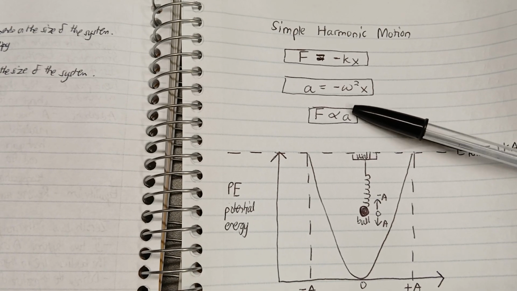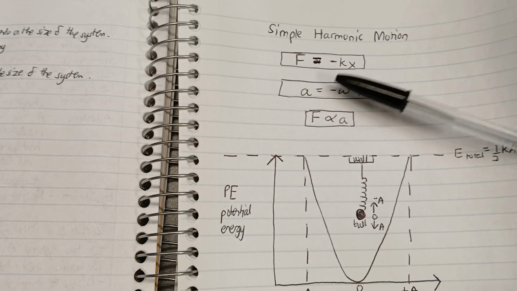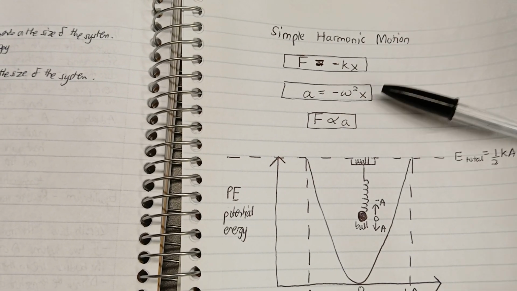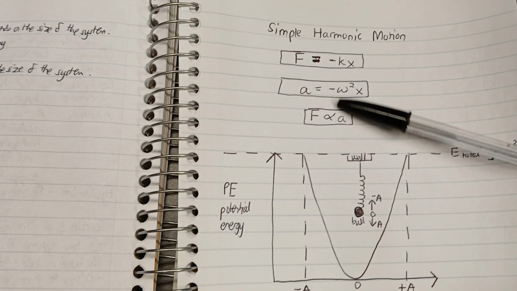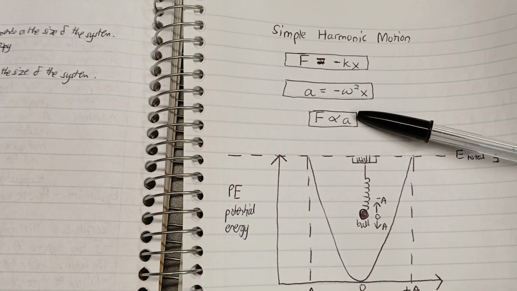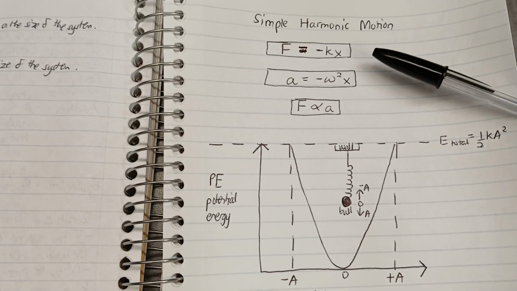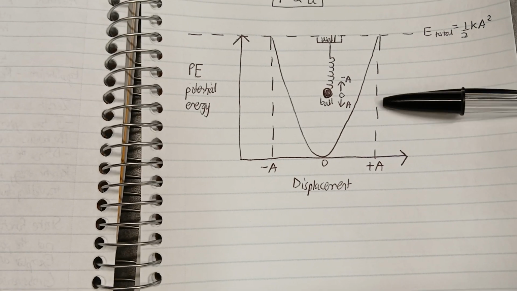So the same way you can describe simple harmonic motion to be either the force directly proportional to the displacement or the acceleration directly proportional to the displacement, that's the same way it ties into the fact that the force exerted on any body is directly proportional to the acceleration that is produced by that body once a force has been applied. And so now let's go into the specifics as to what this diagram means.